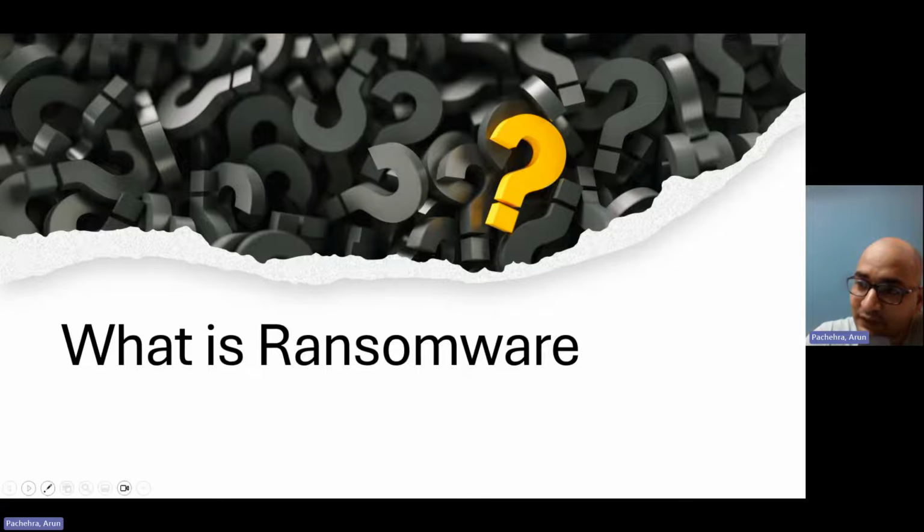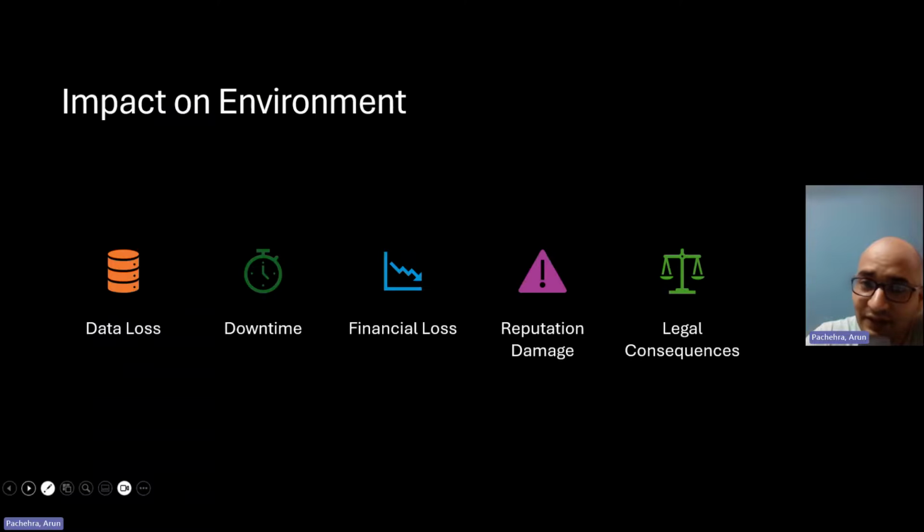And let's start with understanding the impact once this attack happens. So the very first thing is all important data could be encrypted, including files, databases, and systems, making them inaccessible. So, data loss. Now the data is encrypted, so of course it will lead to critical business operations being halted due to inaccessibility of data, which leads to downtime.